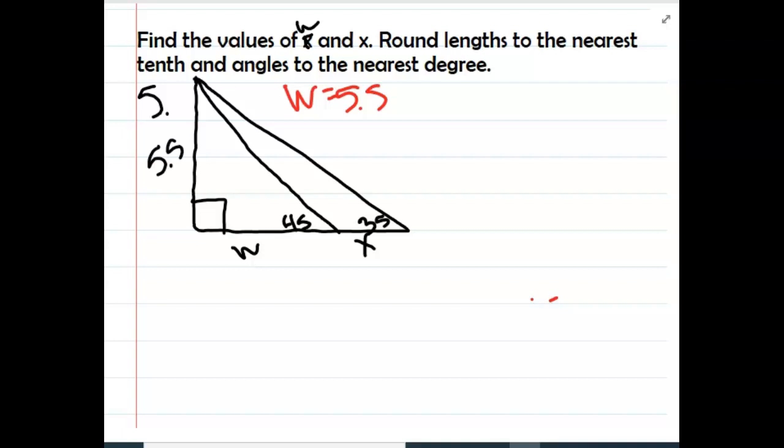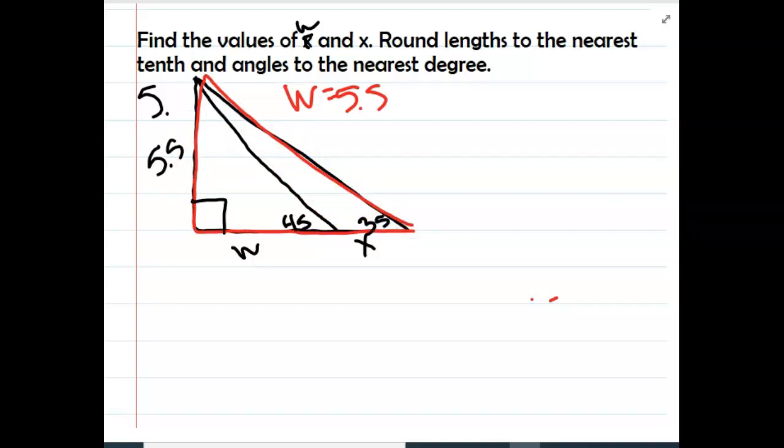Okay? Now, here's the part that can get a little bit tricky. When I want to find X, you have to keep in mind that these ratios only work for right triangles. So I can't use this triangle here because it's not a right triangle. What I'm going to have to do is look at the big triangle.